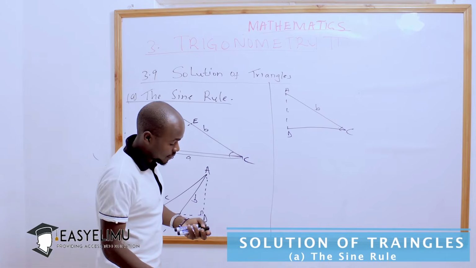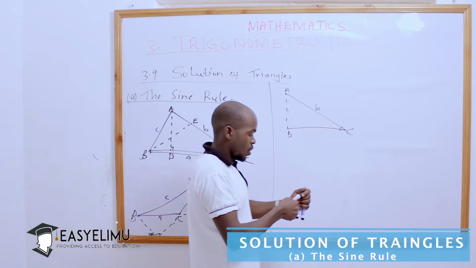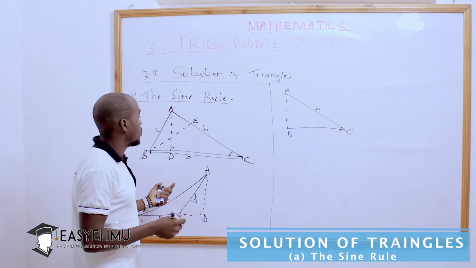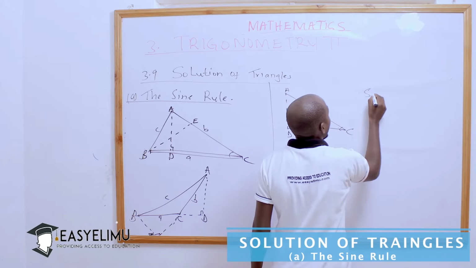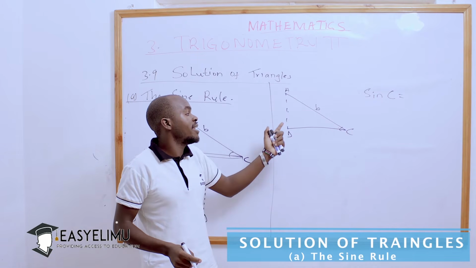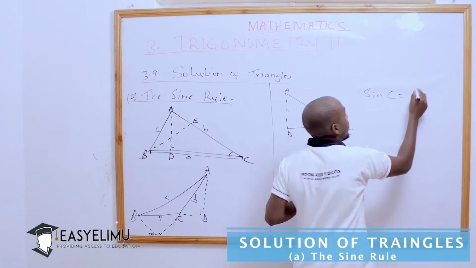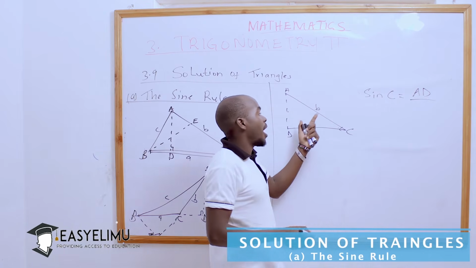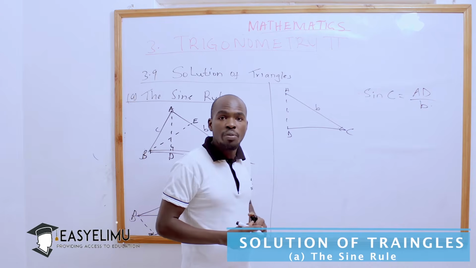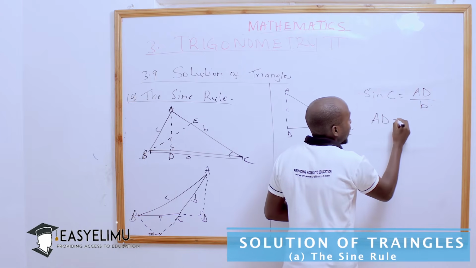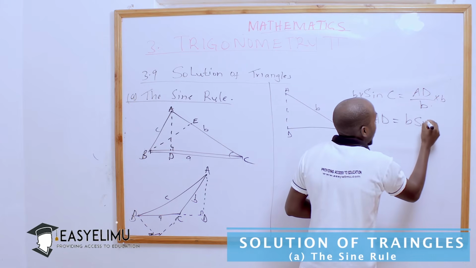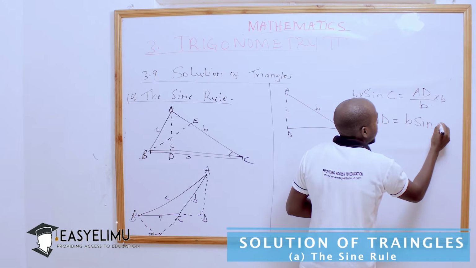So I'm going to use a trigonometric ratio: to find sine C, the sine of this angle, I take the side AD, which is opposite the angle, and divide by the hypotenuse of the triangle, which is B. Meaning side AD, multiplying both sides by B, is equal to B sine C.